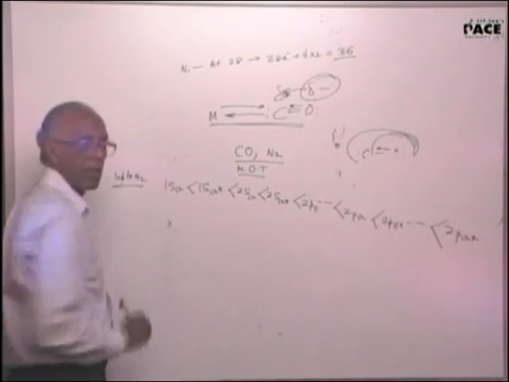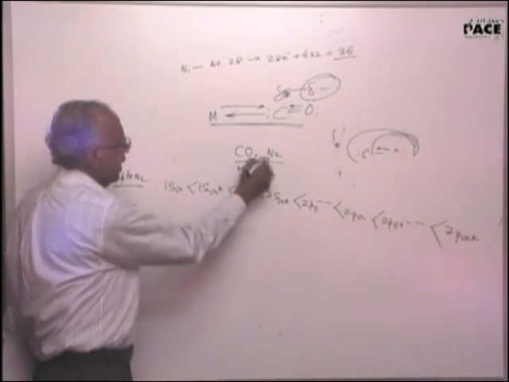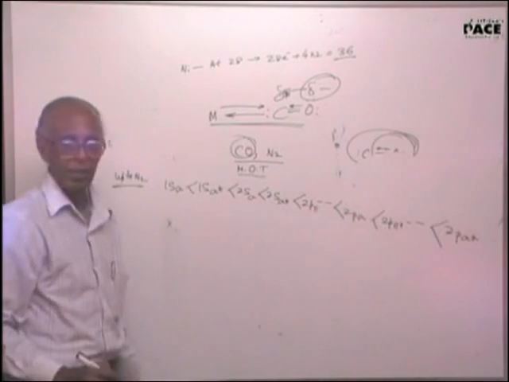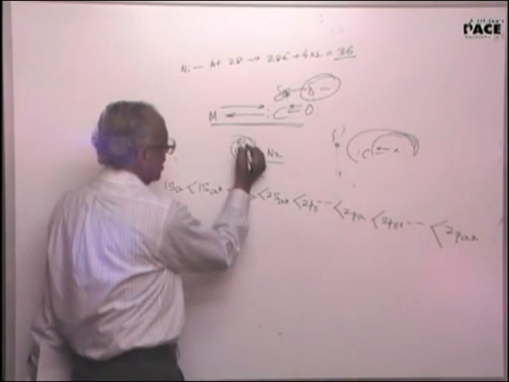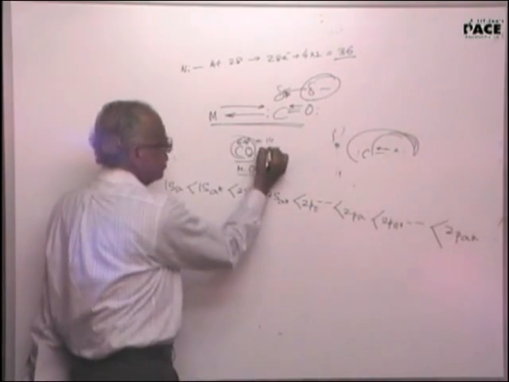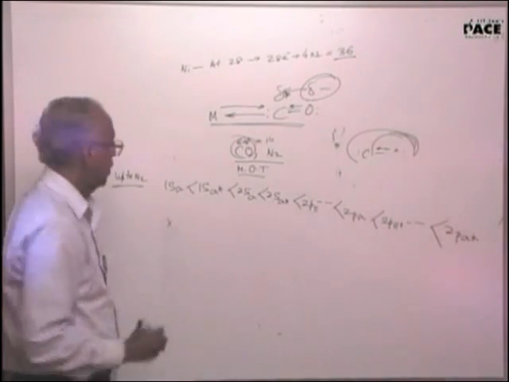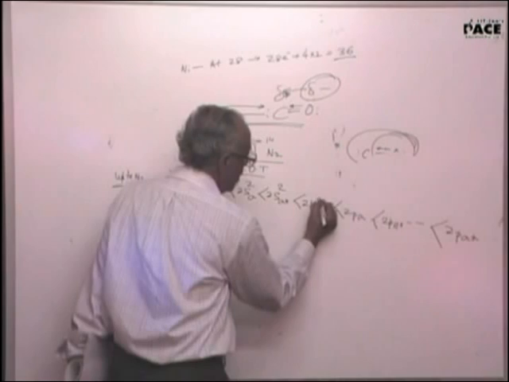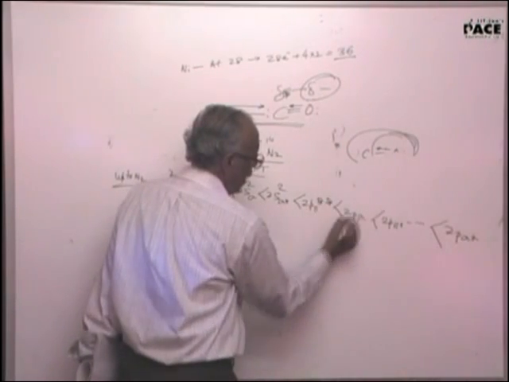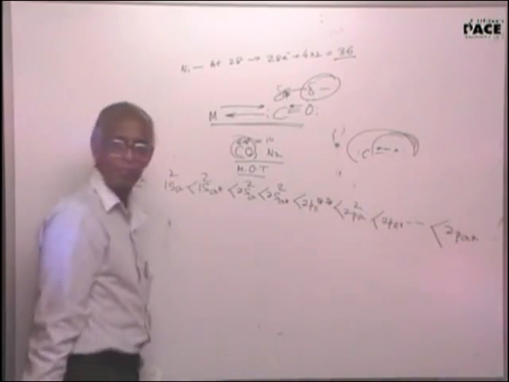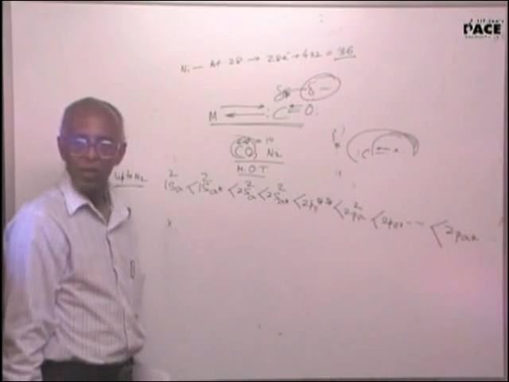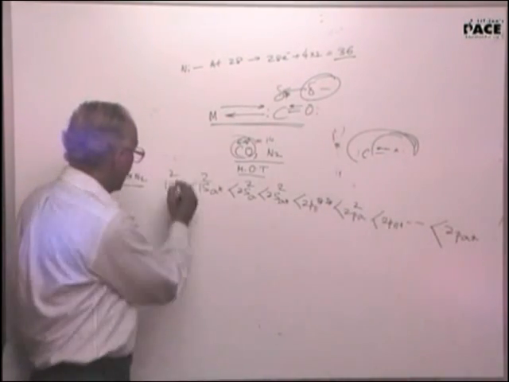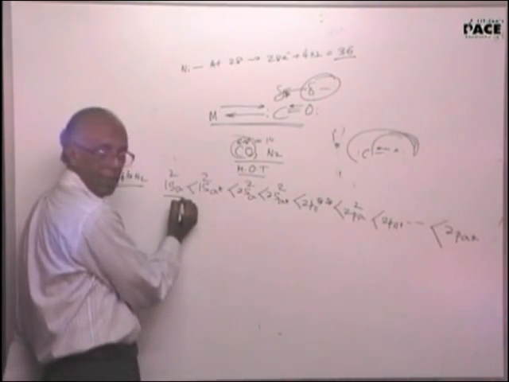Now, how many electrons do we have for carbon monoxide? 6 plus 8, 14 electrons. 2, 4, 6, 8, 12, 14. So this is a bonding orbital.